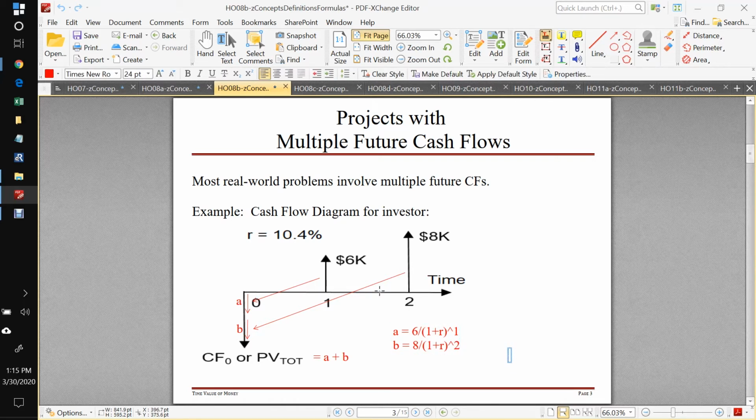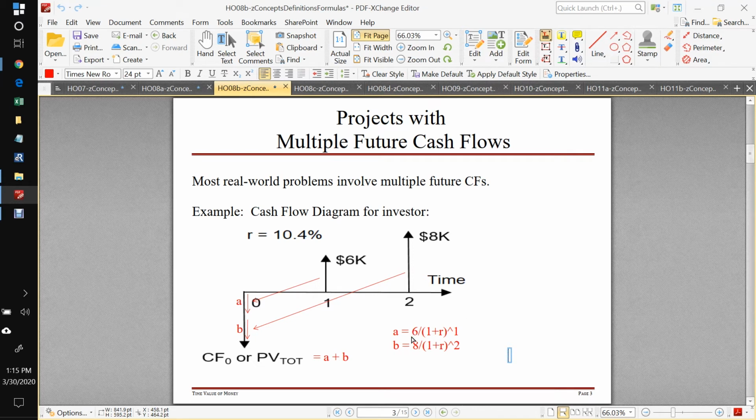By breaking this PV tote into these pieces, all we're really doing for all these problems, and that's kind of true for everything we've done all the way through 11B, is breaking up our big PV tote into a sum of pieces associated with all the individual future cash flows.